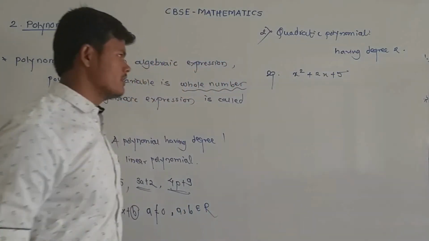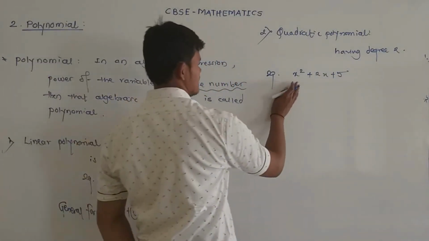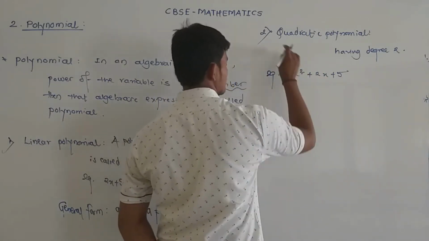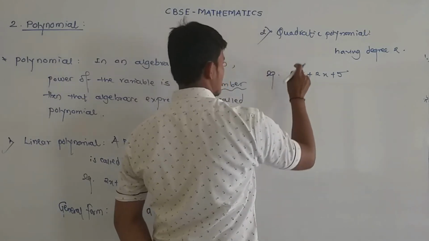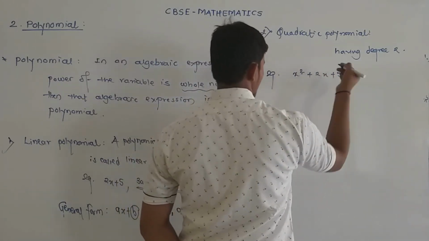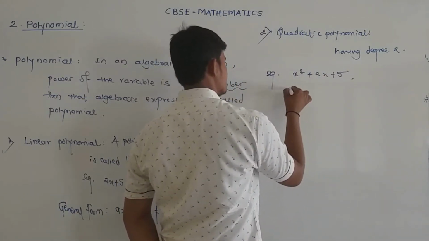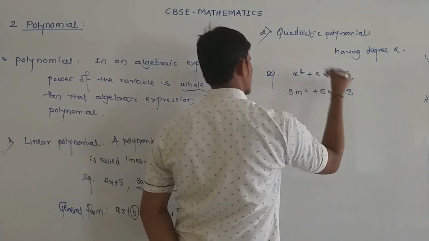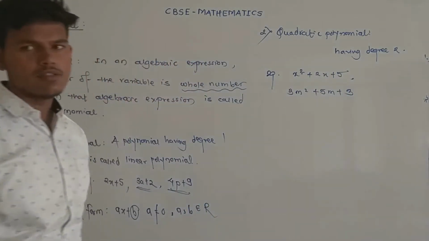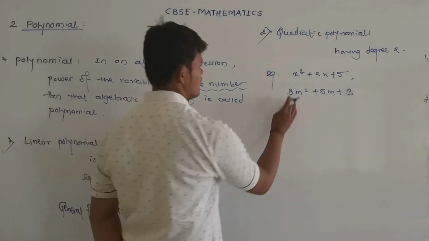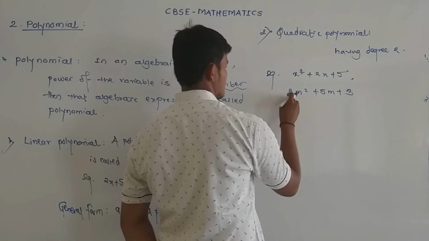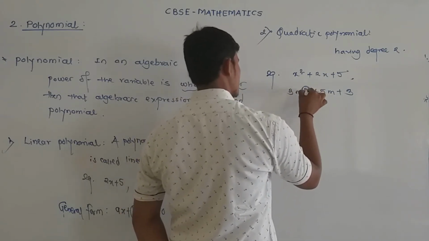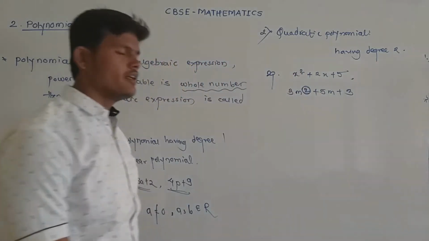In the given polynomial, x is the variable and its maximum power is 2. So the degree is 2. Therefore, it is known as the quadratic polynomial. Let's take another example. 3m square plus 5m plus 3. This is the polynomial in terms of m, where it contains maximum power 2. So the degree is 2. Therefore, it is known as a quadratic polynomial.